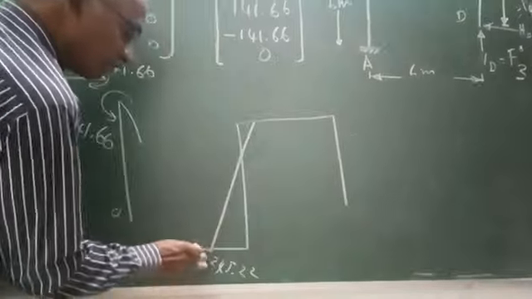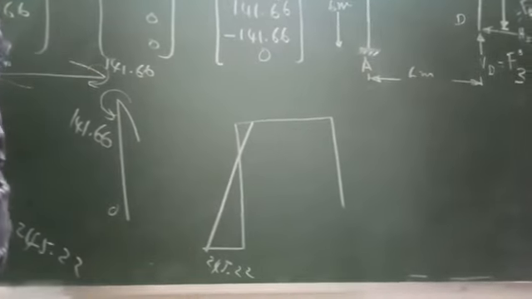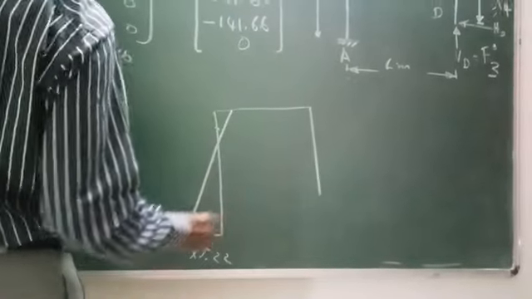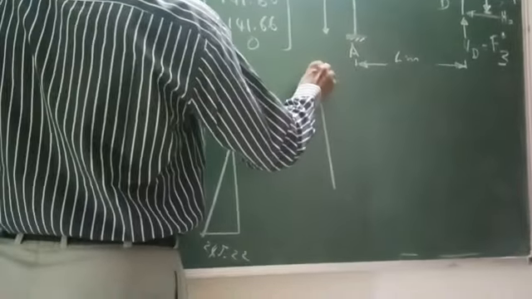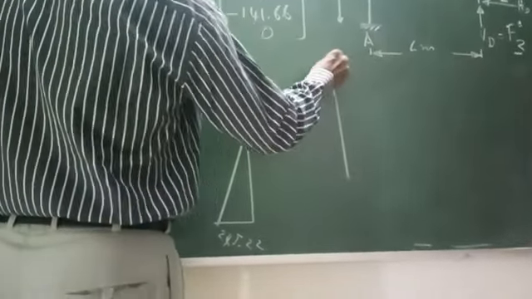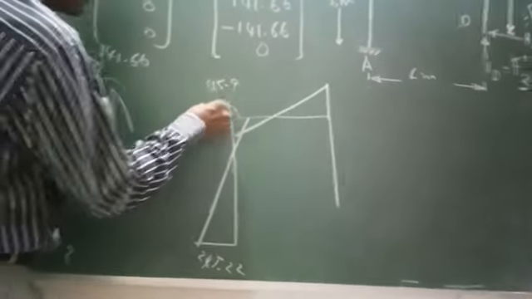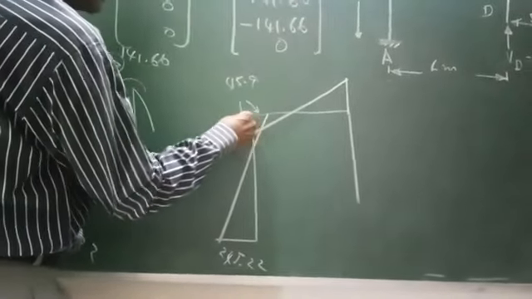This is the bending moment diagram for the column. Now for this beam, again this is 45.9, and here it is 141.6, and here it is 45.9. So this value is 45.9. This is also 45.9.